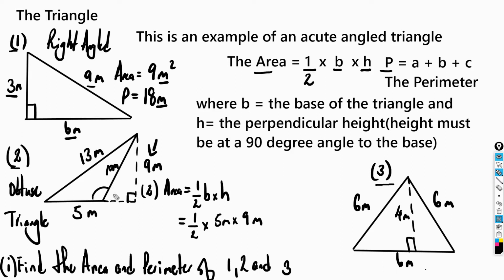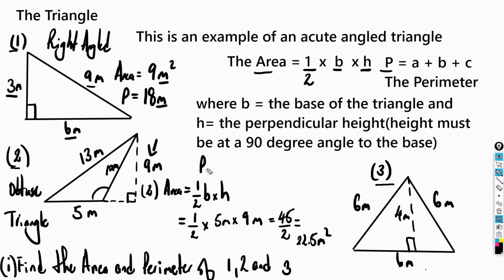So we're not going to use that side because it's not a right angle triangle, but we need to use the height. So 5 times 9 actually gives us 45. And if we divide 45 by 2, we should actually get 22.5 meters squared. That's what we should get for the area.